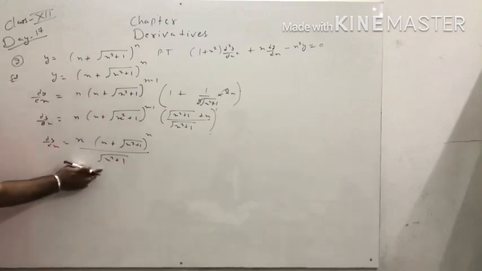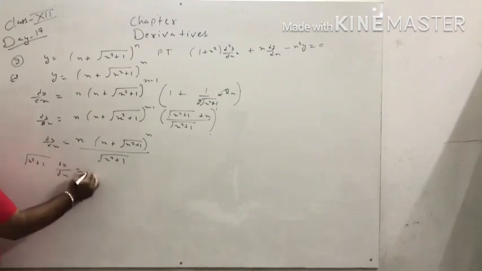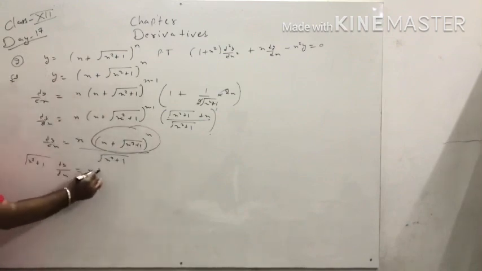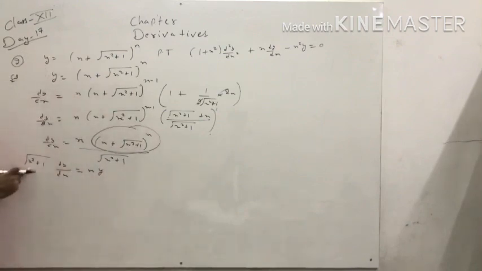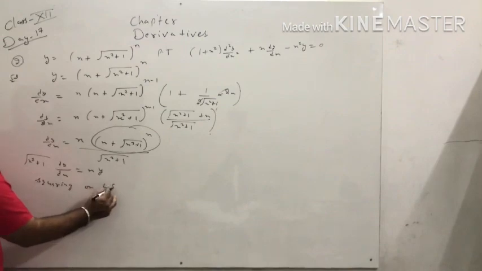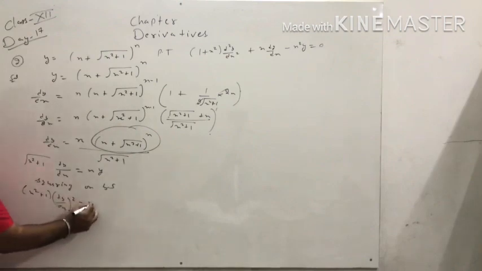Now shift this denominator to left side, and the value of this expression is y. Again, to eliminate root, squaring on both sides. So this becomes x square plus 1 into dy by dx whole square equals n square y square.